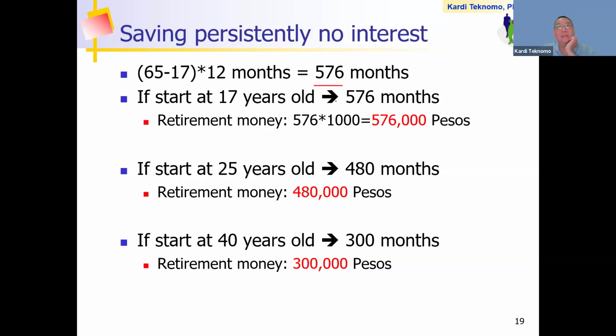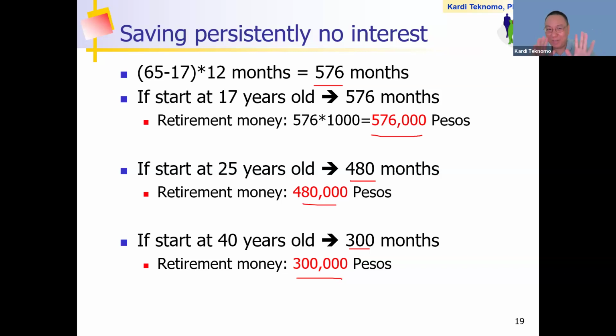That means if you start from 17 years old without interest, 576 multiplied by 1,000 every month, you get this. If you start at 25 years old, you have only 480 months. If you start at 40, you have only 300 months, so in that case you get only 300,000 pesos without interest.